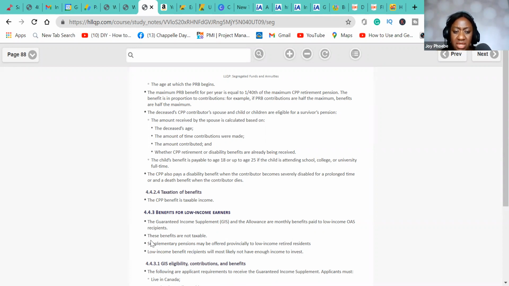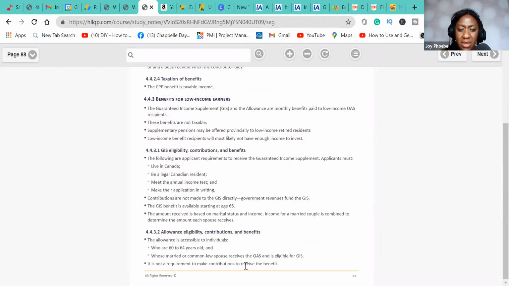And these benefits are not taxable. Supplementary pensions may be offered provincially to low income retired residents.